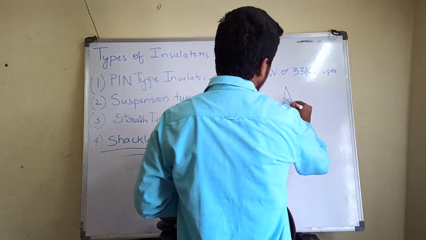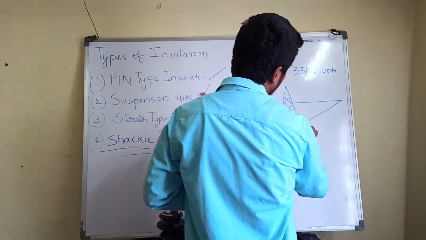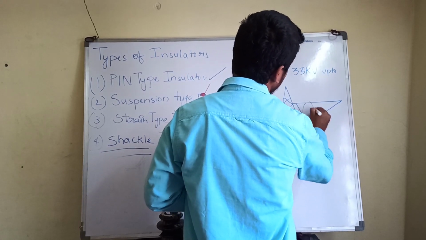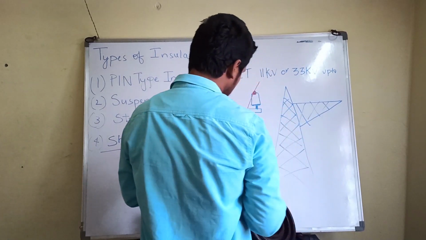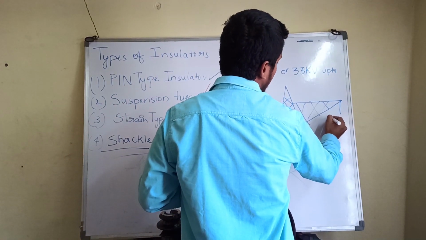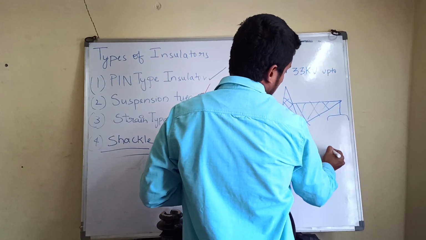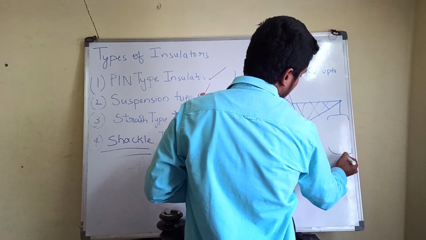To the transmission tower we definitely have a cross arm which is fixed like this. Now we will take this insulator. What kind of insulator is placed?